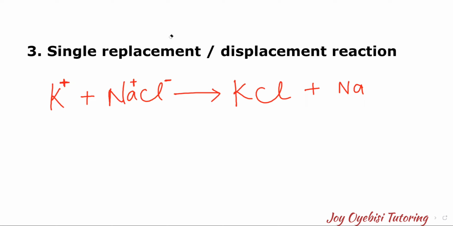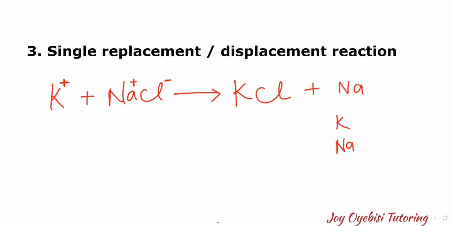What it's trying to say is K has to be stronger in order to kick sodium out. Looking at the reactivity series, I'm just going to write out a little bit of it. Potassium tends to be on the very top, okay? So you have potassium on top, followed by sodium. So yes, potassium is able to kick sodium out. It's actually above sodium in the reactivity series.